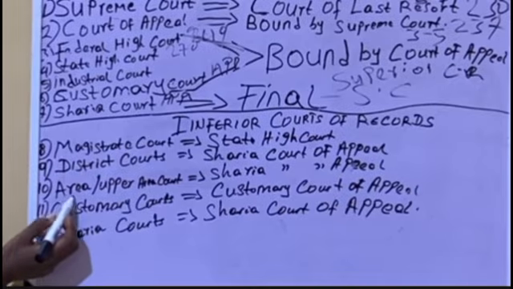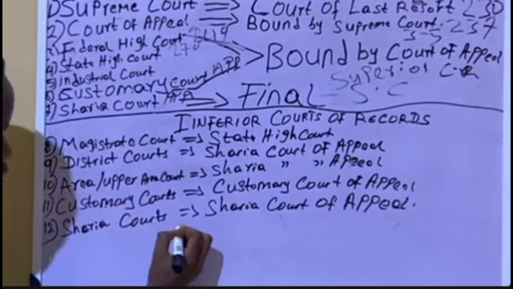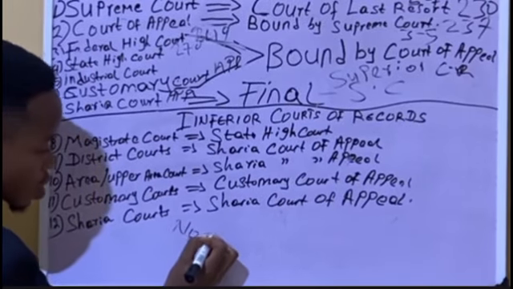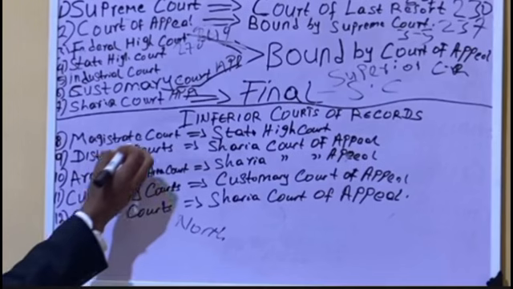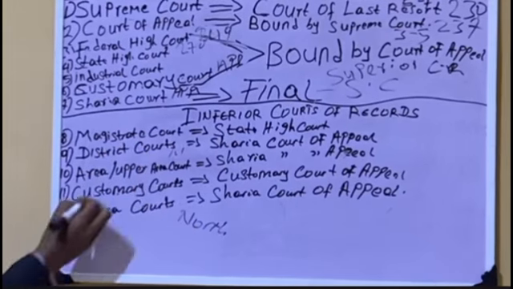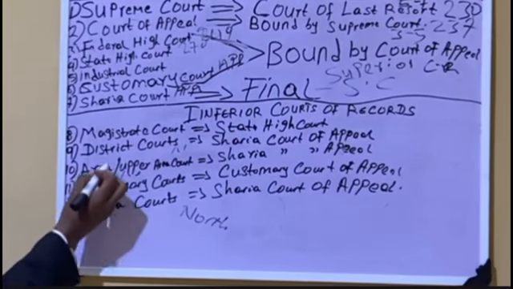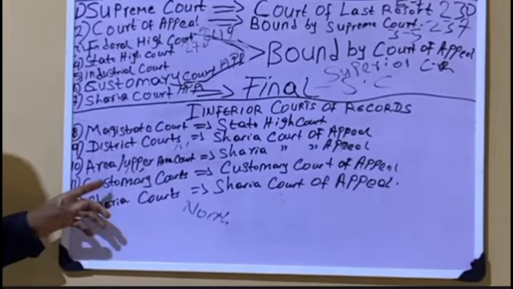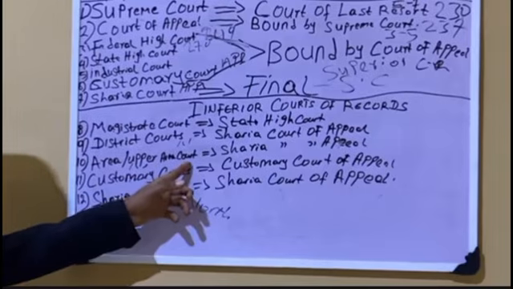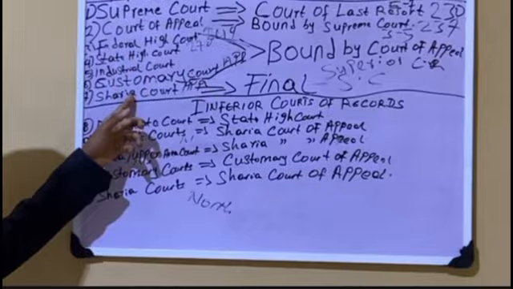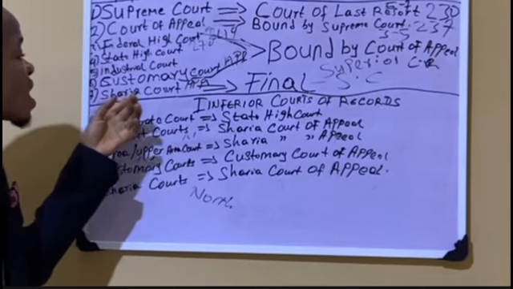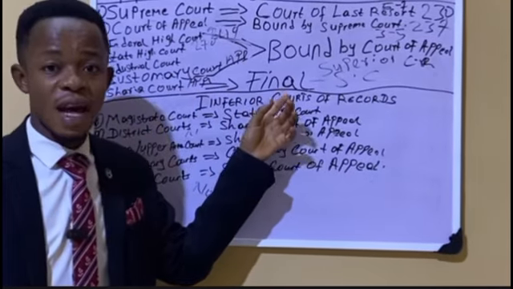Any issue that is coming from the area court, these are courts in the north, or let me be using N for north and S for south. So any issue that is coming from the area court or upper area court or Sharia court goes to the Sharia Court of Appeal, and then any issue the Sharia Court of Appeal decides becomes final.